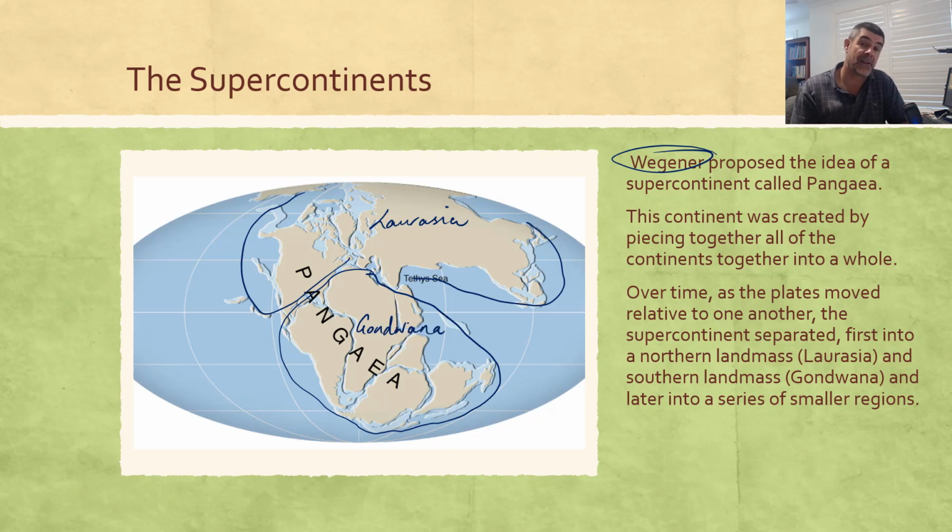And that includes South America, Africa, Antarctica, and Australia, as well as India, which was one of the interesting ones, and also the Arabian Plate was part of that southern continent.